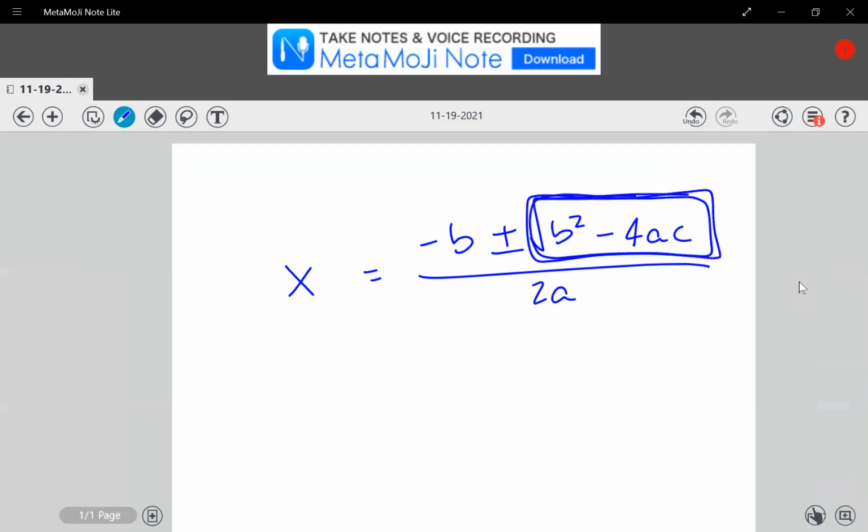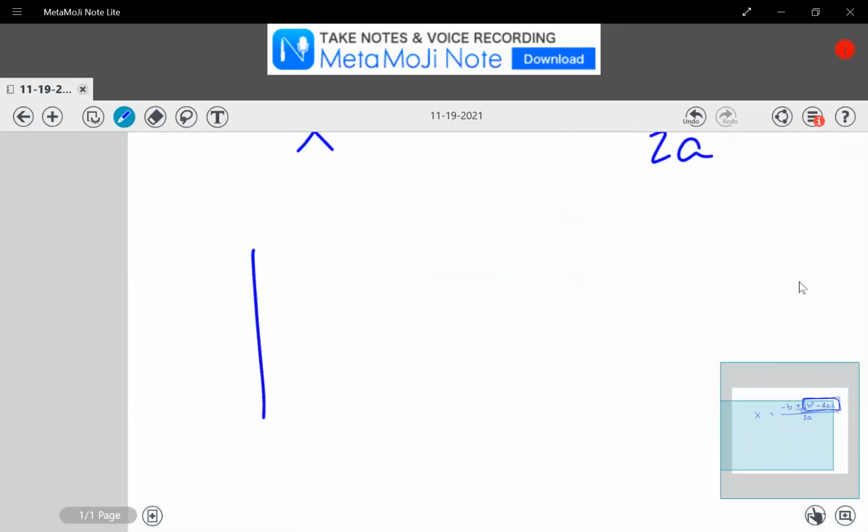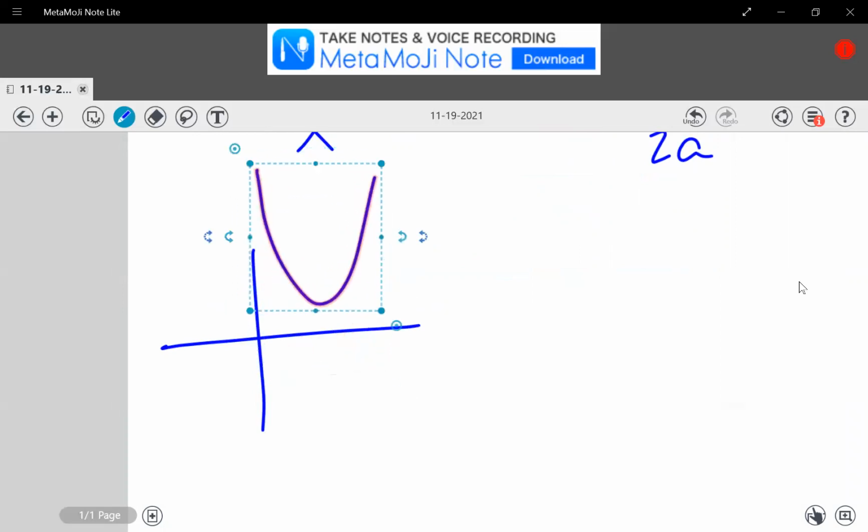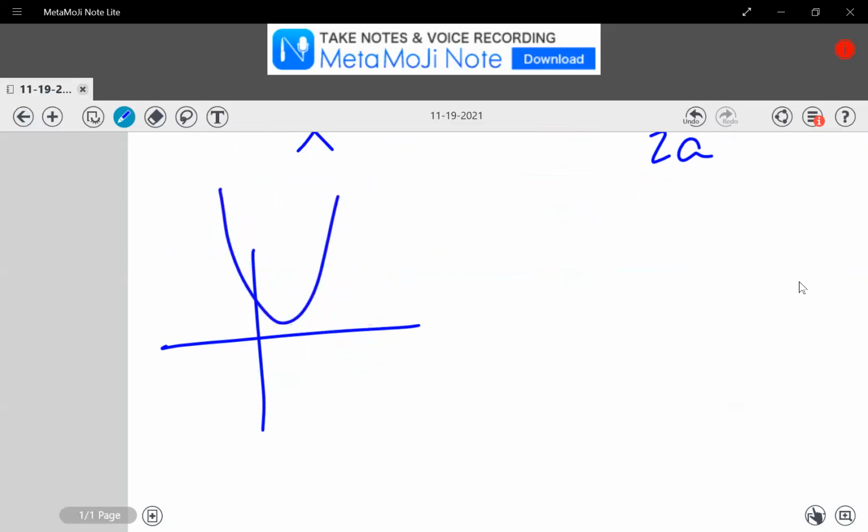And the discriminant basically tells us what types of zeros or roots we have in, let's say, a parabola. And yes, pretty much only a parabola. So we have a parabola, and our parabola can be over here, maybe up here, maybe over here. Wherever it is, it has roots, it has zeros, it has places where the equation equals 0, all right?